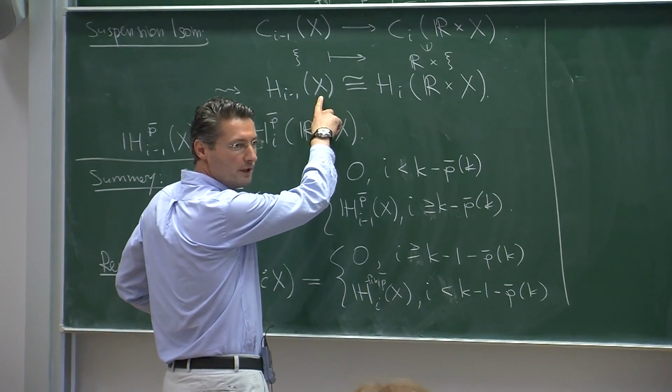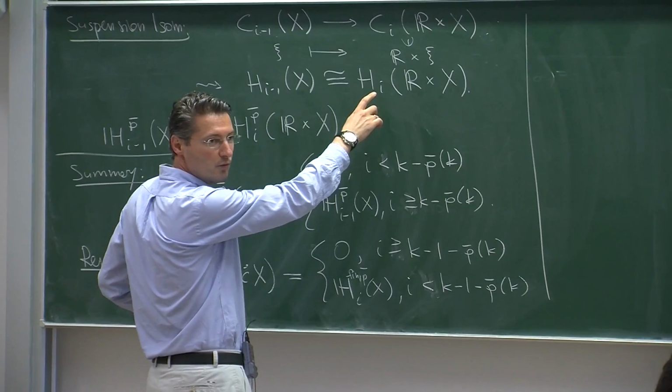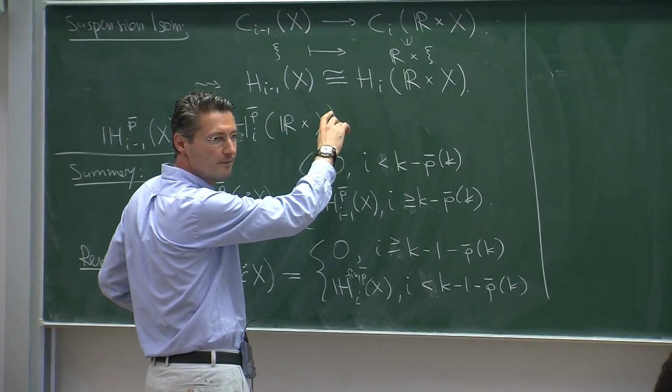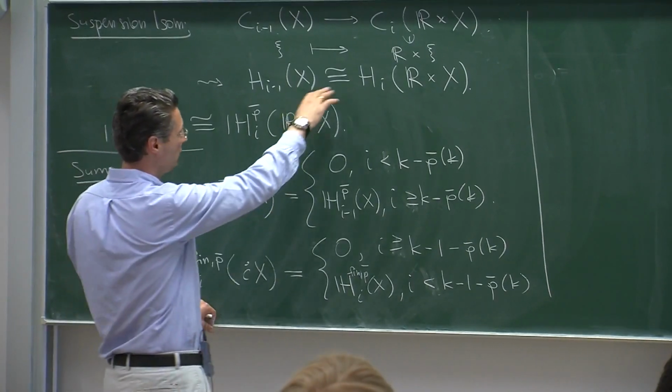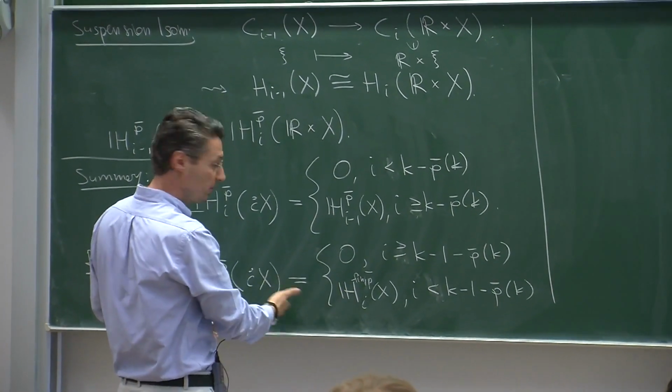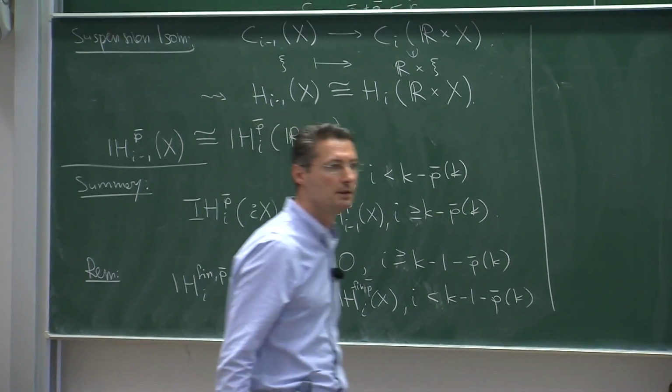Therefore, for ordinary homology, since that's a homotopy invariant, this must be isomorphic without a degree shift, right? So there's no degree shift here, and then correspondingly there's no degree shift here. So it really must be IH_i.